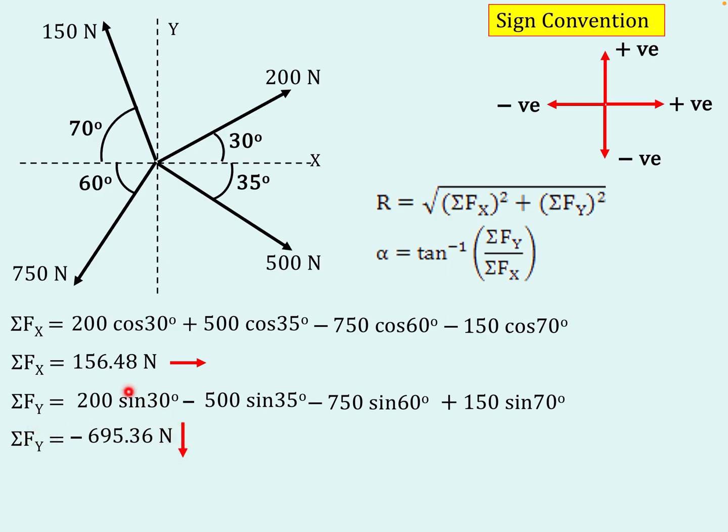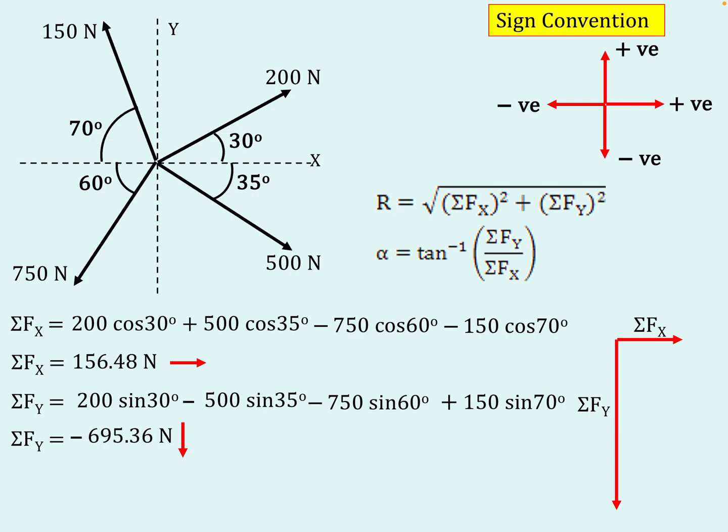Now let us represent these two as the adjacent sides of the parallelogram to get the resultant of sigma Fx and sigma Fy, which will also be the resultant of all the four forces. So sigma Fx, sigma Fy, following the sign convention.